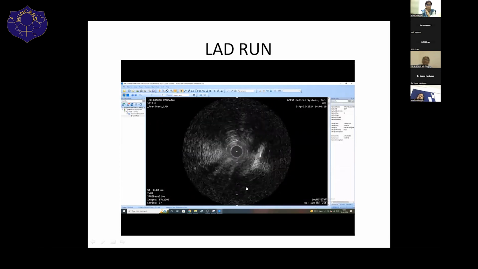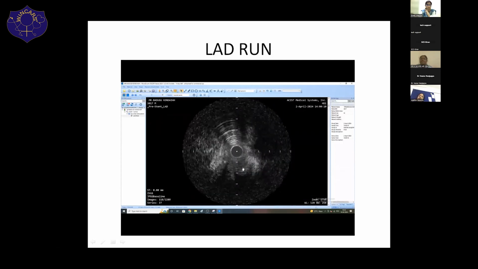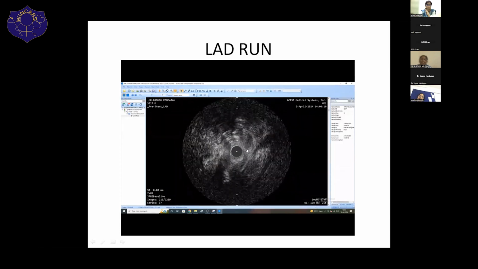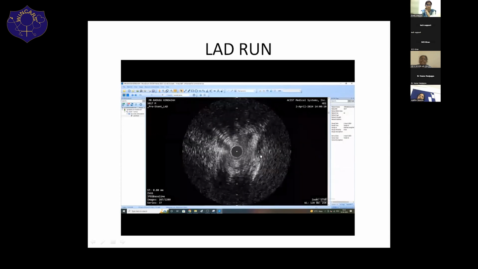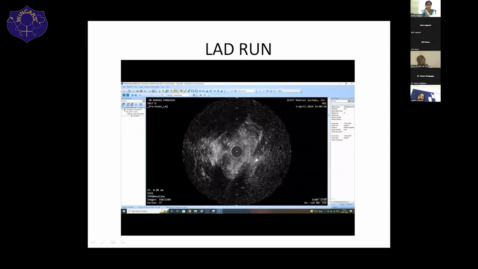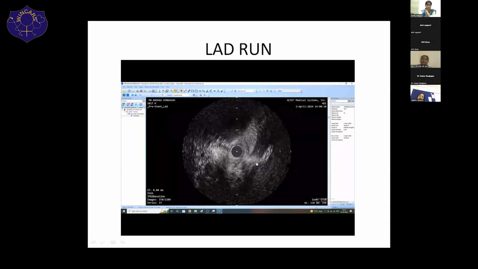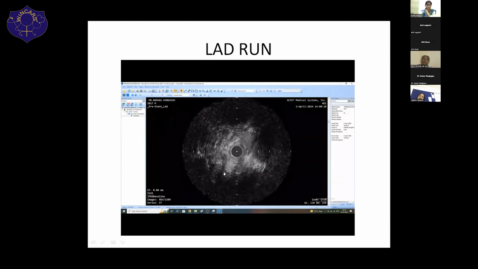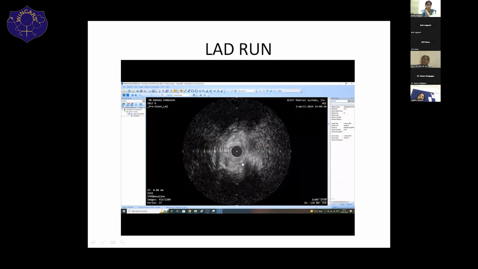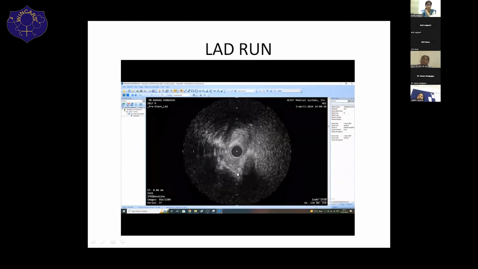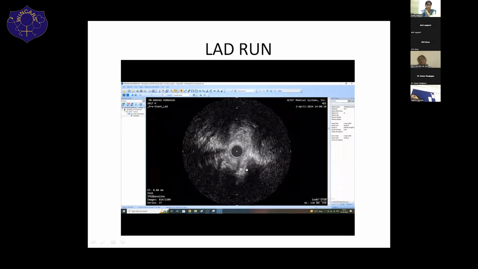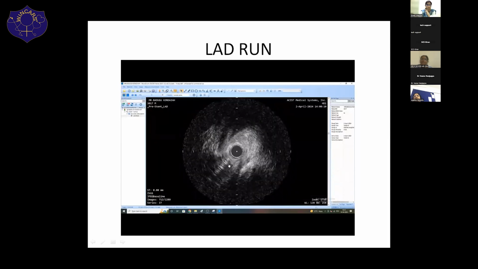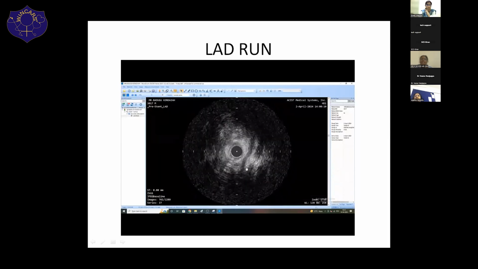We were happy with this result, and we can see the cracks in the LAD. So the lesion was prepared well, and we felt we could go straight away for stenting.